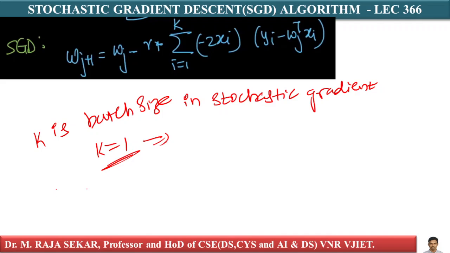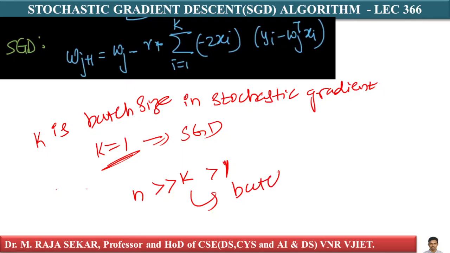K equal to 1 means people call it SGD, and if n is significantly greater than k, which is greater than 1, this is known as batch SGD. It's called batch SGD because you are using a batch of k points; in the case of batch SGD, k is not equal to 1.